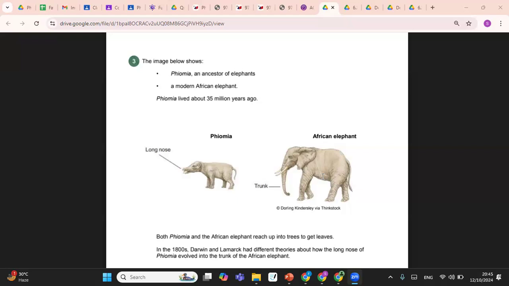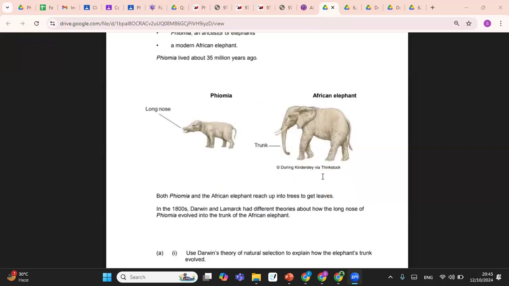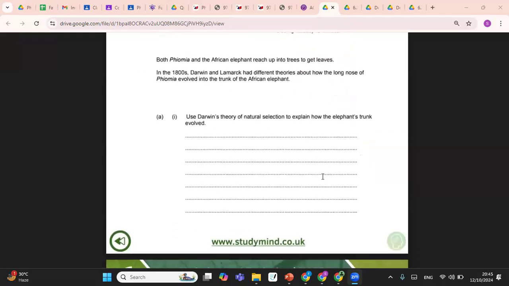In the 1800s, Darwin and Lamarck had different theories about how the long nose of Fioma evolved into the trunk of the African elephant. Use Darwin's theory of natural selection to explain how the elephant's trunk evolved.